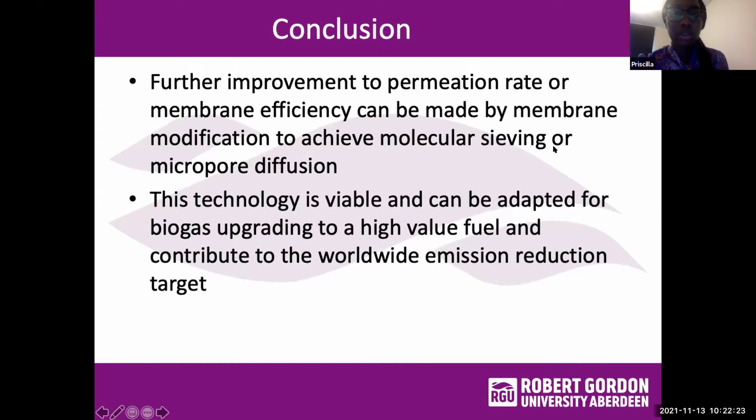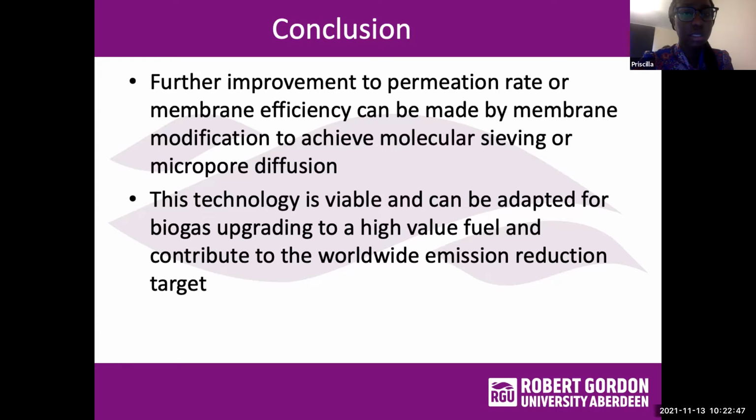From our findings, we're able to go further to reduce the pore size so that we can increase the permeance and also the selectivity of the membranes, by coating it as well, so that we have some preferential solubility. So it's going to be a mixture of absorption and membrane separation, which is one of the advantages of this technique.